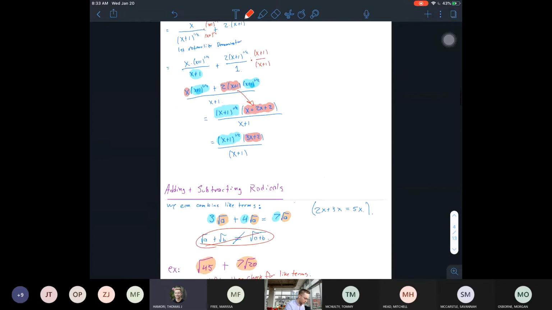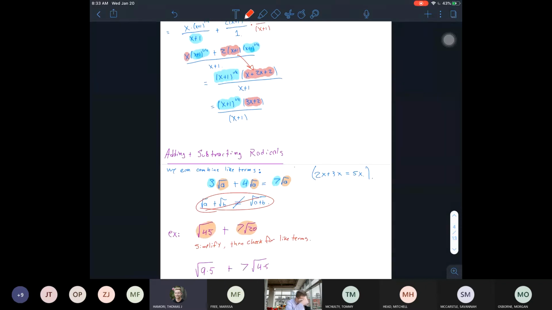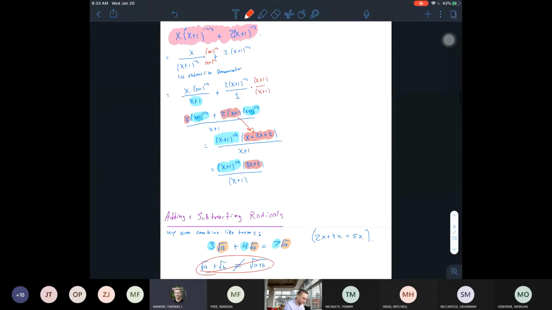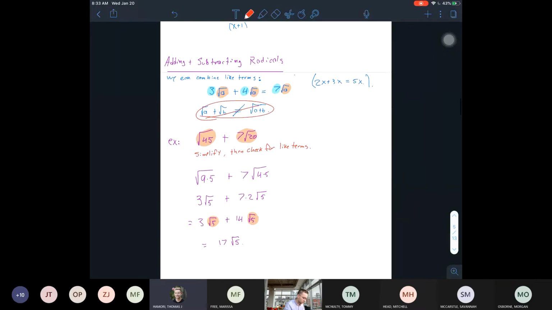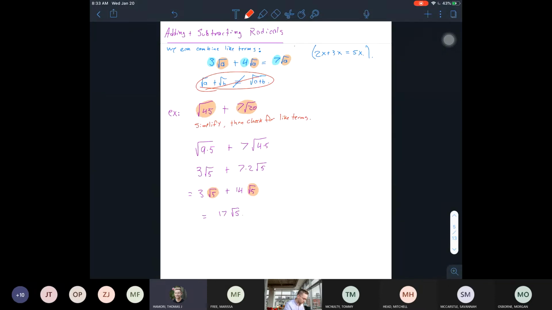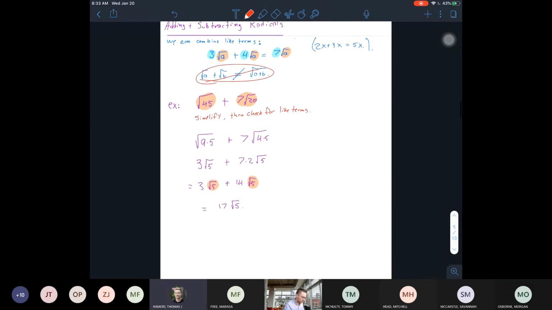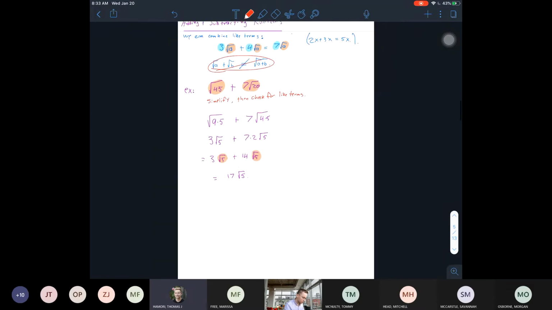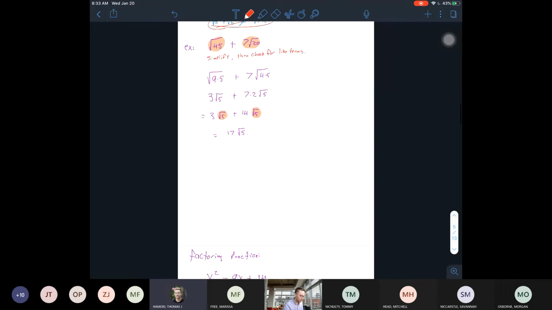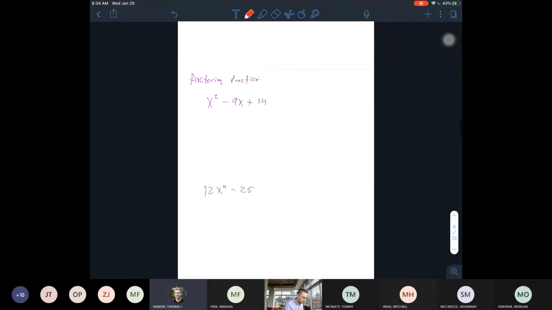We had a lot of material in there, including how to deal with rational exponents, how to add and subtract radicals, and all of that good stuff. So that was kind of a big unit. If you're confused by any of that, just stay after class and we'll talk over more of that during office hours. I also have some factoring practice if students are struggling with factoring.